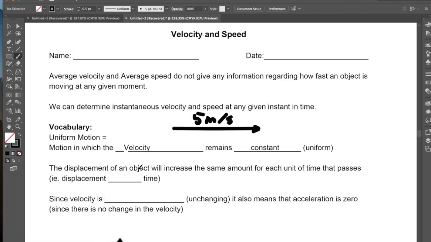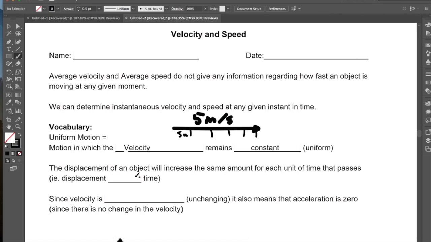And with an object in uniform motion, the displacement of the object will increase the same amount for each unit of time that passes. So if this 5 meters per second object is traveling, then every second, 1 second, 2 second, 3 second, 4 second, 5 second, it's going 5 meters, 5 meters, 5 meters, 5 meters, because it's going 5 meters per second.